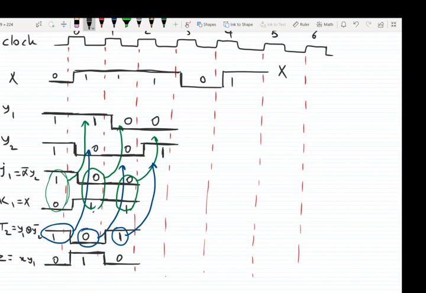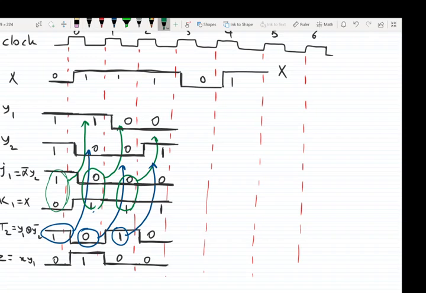J1 is X bar, X is 1, so X bar is 0, so J1 will remain 0. What about K1? K1 is equal to X, which is 1, so K1 is 1. What about T2? T2 is Y1 XOR Y2 bar. Y1 is 0, Y2 bar is 0, 0 XOR 0 is 0, so T2 will be 0. What about Z? Z is X Y1. X is 1, Y1 is 0, so Z also will be 0.